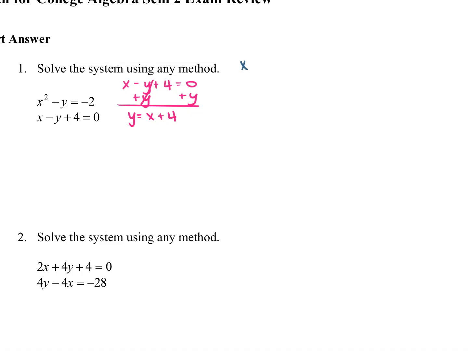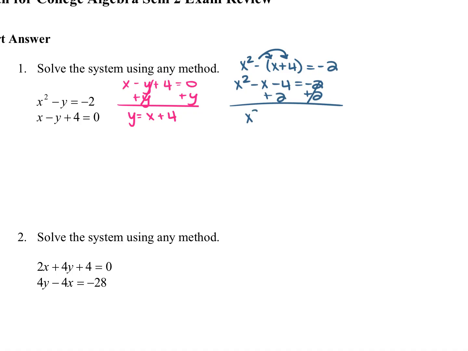We're going to take that x plus 4 and plug it in for y in the top equation. So it gives us x squared minus (x plus 4) is equal to -2. We're going to distribute that negative into the x plus 4 to get x squared minus x minus 4 is equal to -2. We're going to add the 2 over.